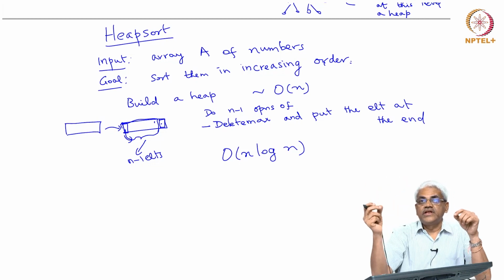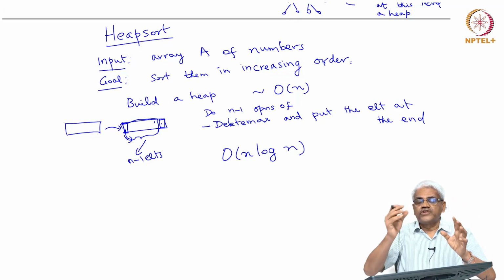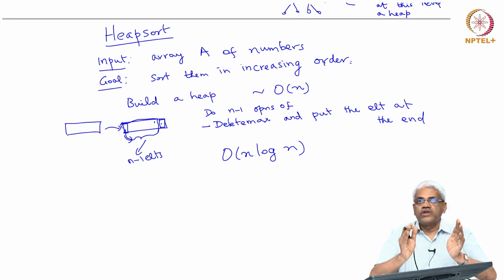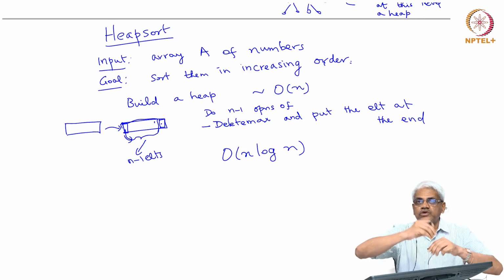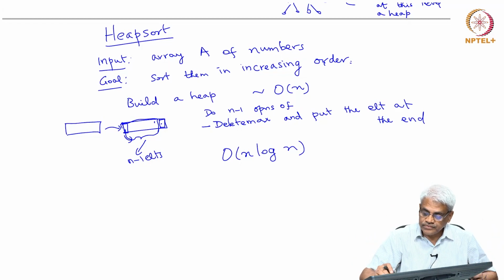Now take the delete max, put it in the last location, build a new heap. Automatically the delete max operation cleans it up in a way that the invariant is maintained, that you have a new heap. Do a delete max n times. In n times log n time, you can sort the elements.